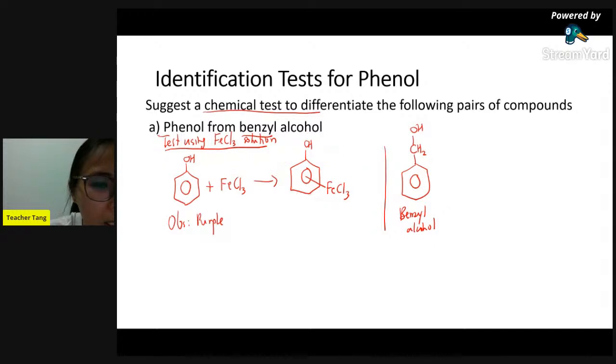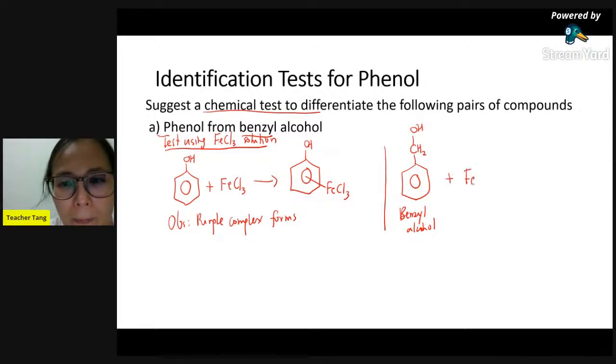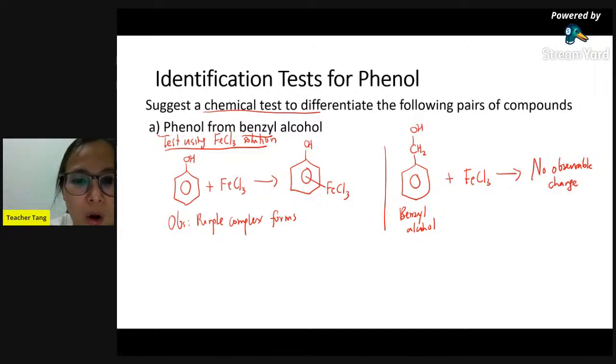So the purple complex forms. While for benzyl alcohol, we don't get the purple complex form. We get no observable change. So observation, we see no purple complex form.